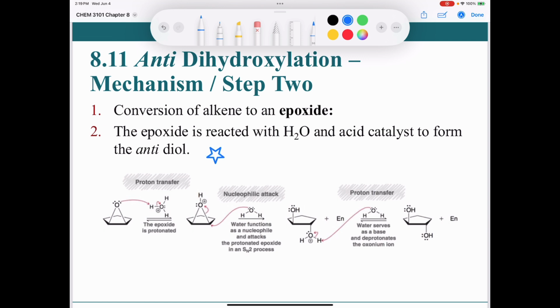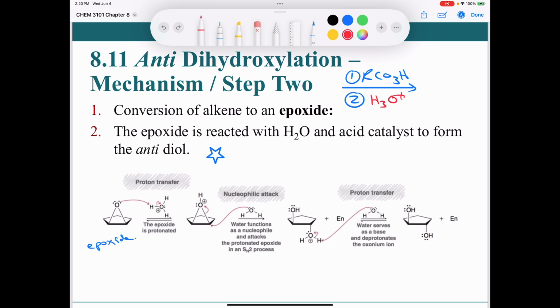So what's going to happen is after you form your epoxide, you're going to treat it with aqueous acid, right? Remember, the first step was RCO3H. And the second step, which is what is being covered on this slide, was just some aqueous acid, H3O+. So when we take our epoxide and we treat it with aqueous acid, as is shown here, we end up with an oxonium ion here.